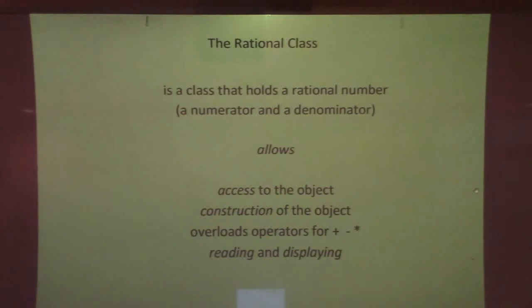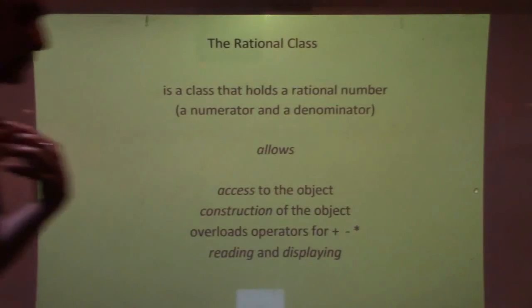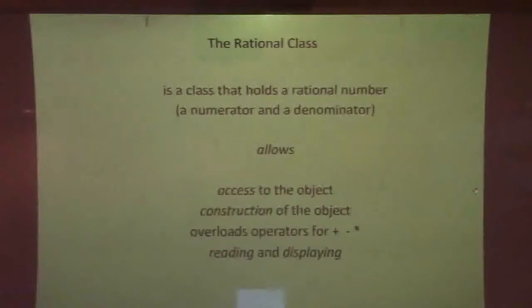We're talking about a module. So we're going to create essentially a rational module. That will be a couple of files that will create the declaration for the rational and the definition of the rational. The header and the CPP.